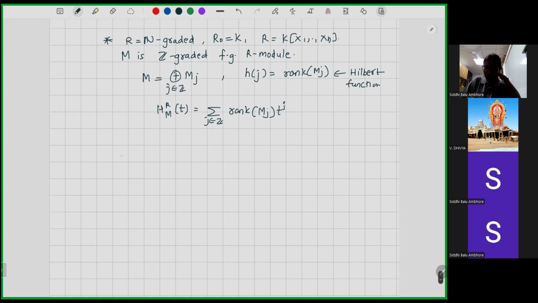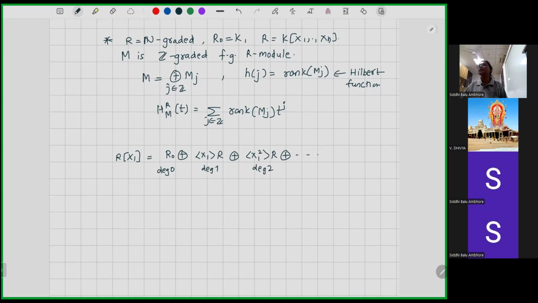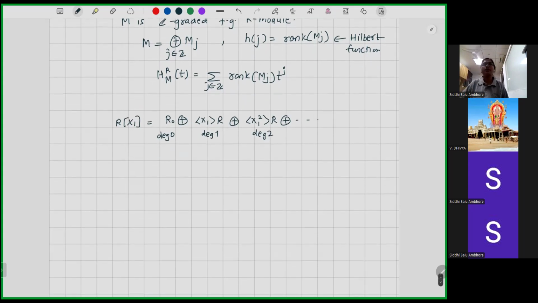In the case of k[x1], R is R_0 plus x1 R plus x1 squared R, and so on. This is degree 0, this is degree 1, this is degree 2, and each is generated by only one element.